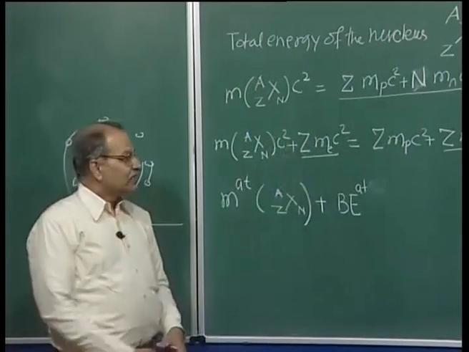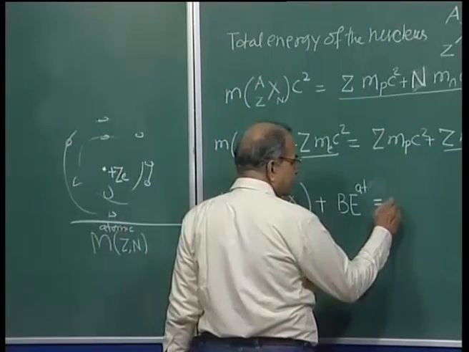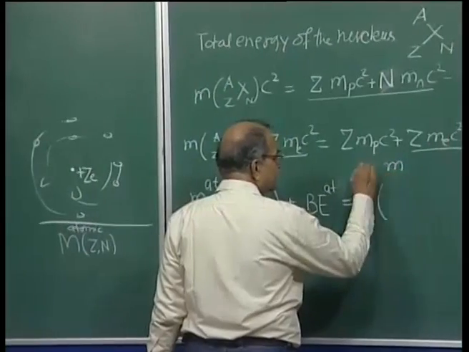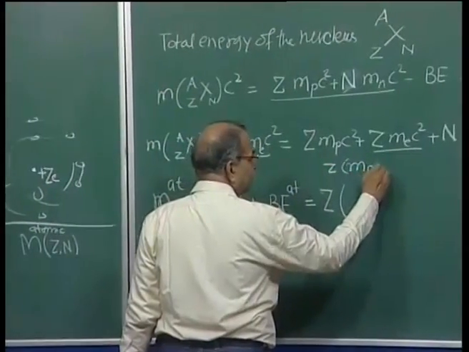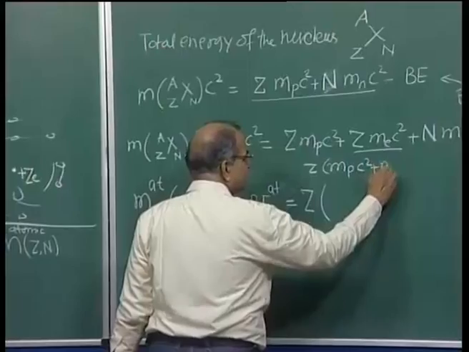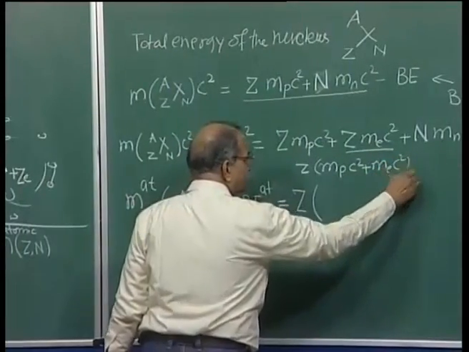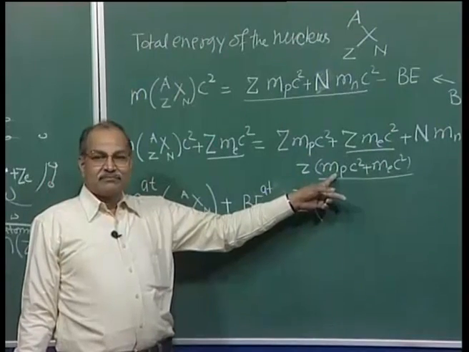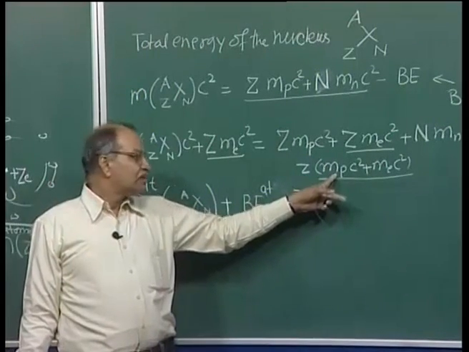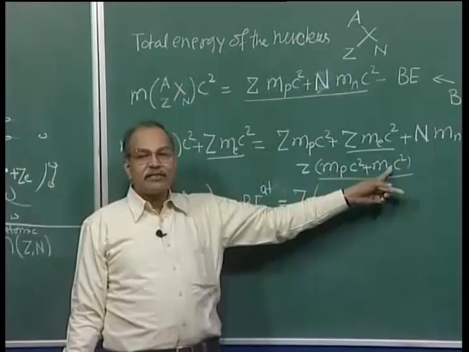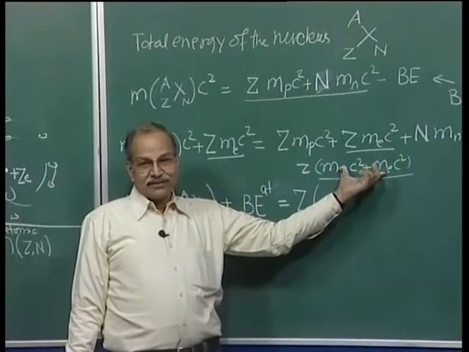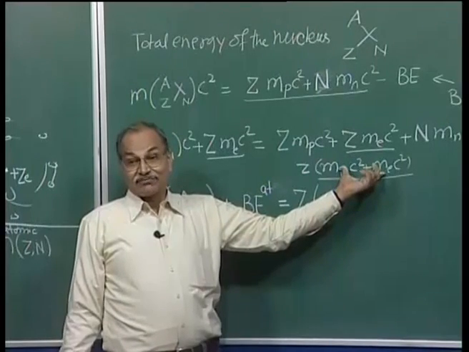On this side, if you take Z common, what is it? MP C square plus ME C square. Look at this. One proton mass energy and one electron mass energy. One proton and one electron taken together will make a hydrogen atom.